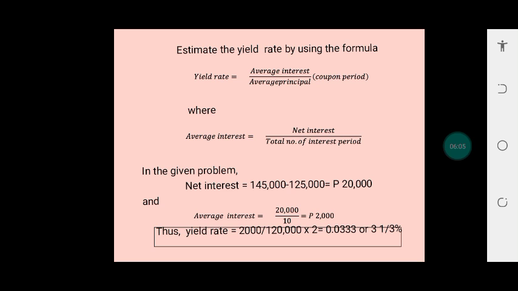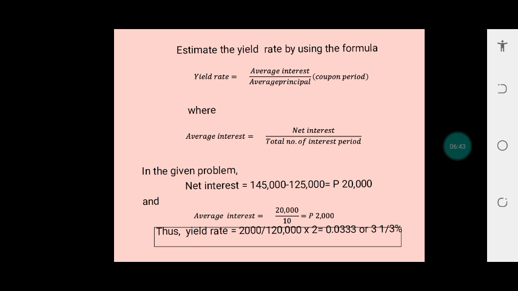So this is estimating the yield rate using the formula, the average method. This is our formula: yield rate equals average interest over average principal times the coupon period, where the average interest is equal to the net interest over the total number of interest periods.